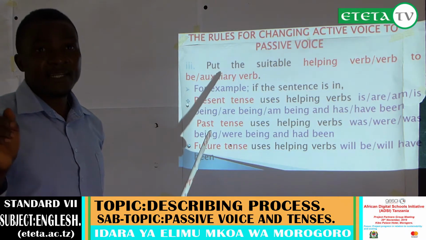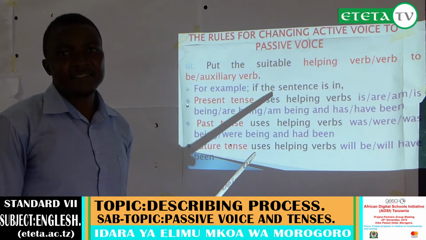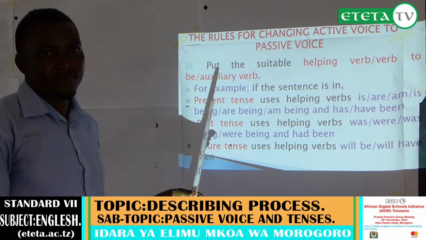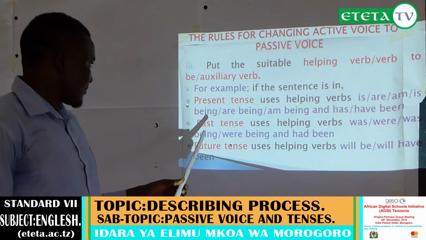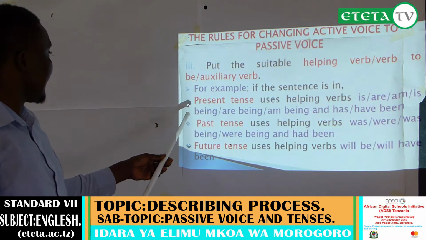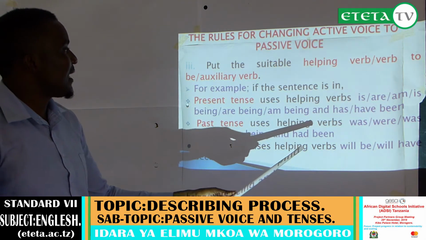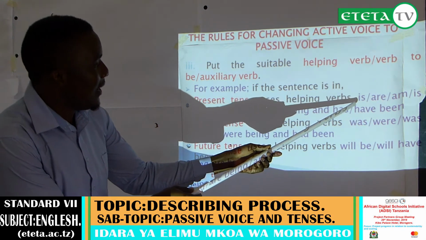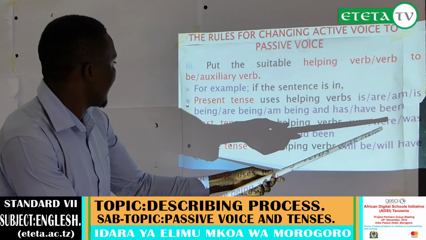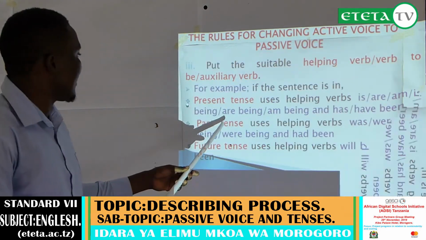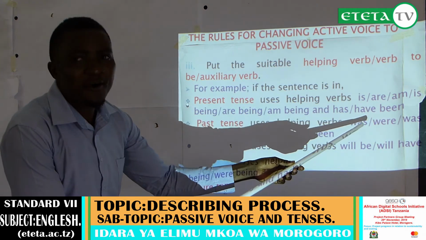I will explain to you why we are not dealing with the 4th type of tenses when changing active voice sentences to passive voice sentences. So here, when the sentence is in present tense, you have to use helping verbs which are is, are, am, is being, are being, am being, and has been or have been.